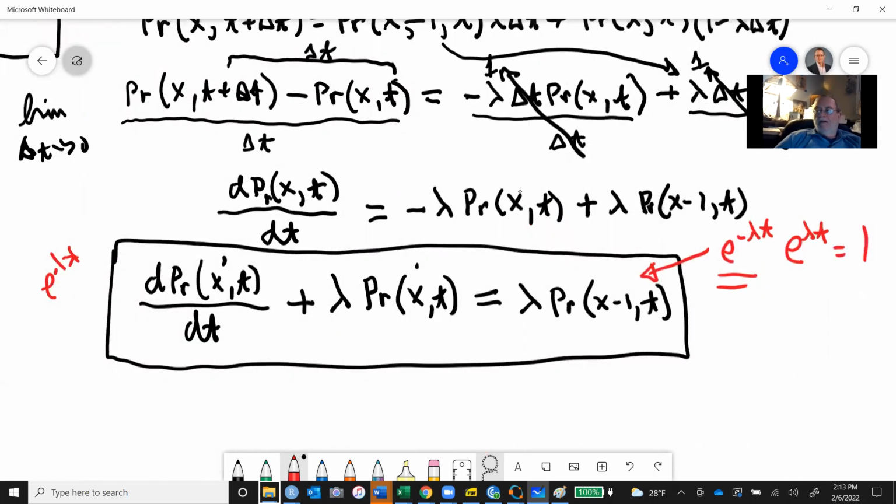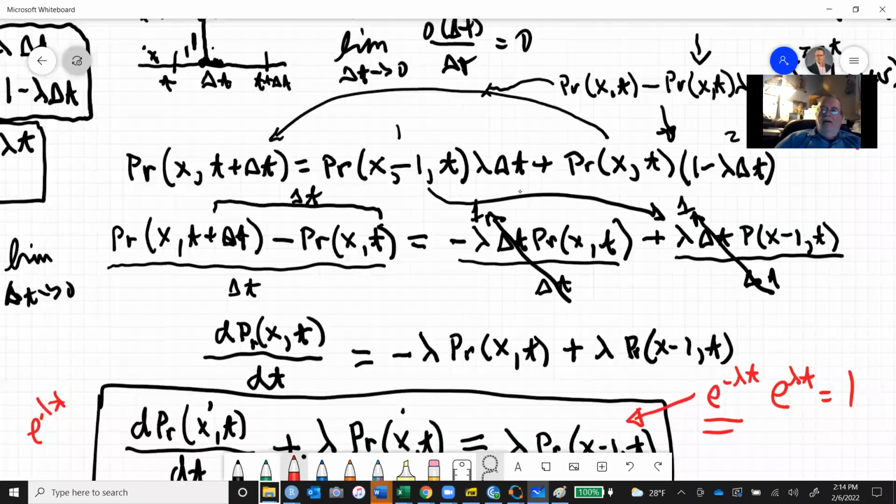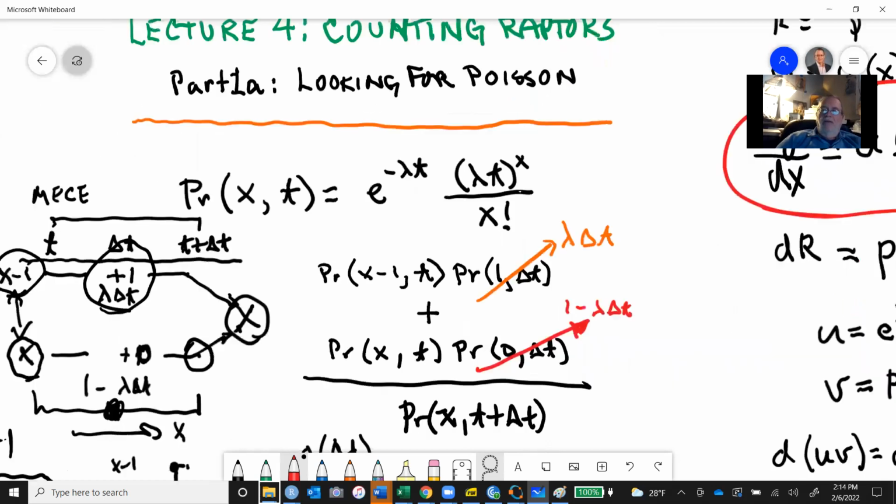Okay, so that's our next step. And then once we have that next step, we can demonstrate, this is not a proof, it's a demonstration, a sketch of how we get our crazy formula, which is the thing I think we were trying to look for up here in the first place. How do we get this?